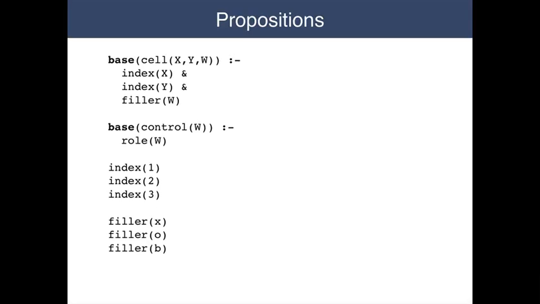The first rule says that an expression of the form cell of x, y, w is true if x is an index and y is an index and w is a filler, that is, we'll see x, o, or b, and an index is 1, 2, or 3. The second rule says that there is a proposition of the form control of w for each of the 2 roles in the game.